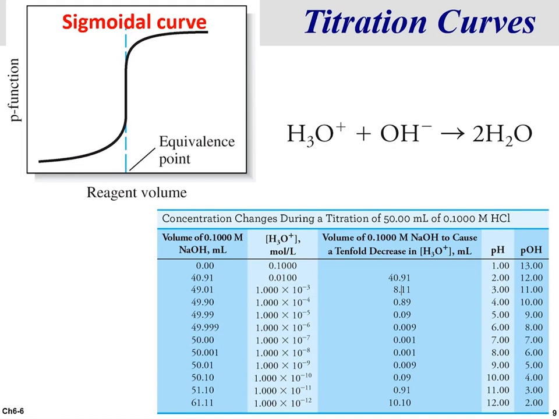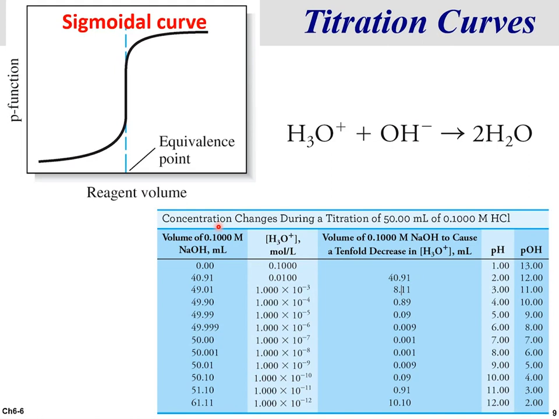What happens is that the equivalence point in a titration is characterized by major changes in the relative concentration of the analyte and the reagent, the standard reagent or titrant. When we are close to the equivalence point, the changes in the relative concentrations of these two species are very, very large. And this is illustrated in this table.